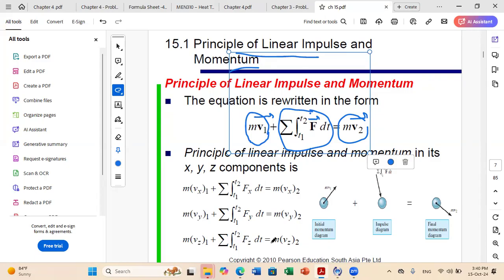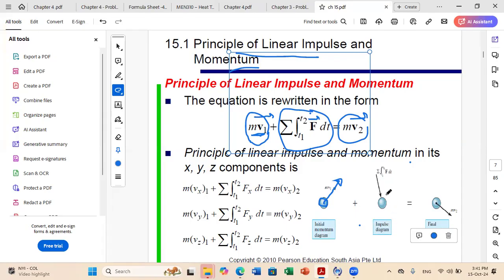Now, sometimes we do some graphical presentations that can help us to understand the problem. So we can represent the initial linear momentum vector. We call it initial momentum diagram. We represent the particle, and we put the initial vector mv1, initial linear momentum. Now, under the effect of the forces acting on the particle, you have what we call the impulse diagram.